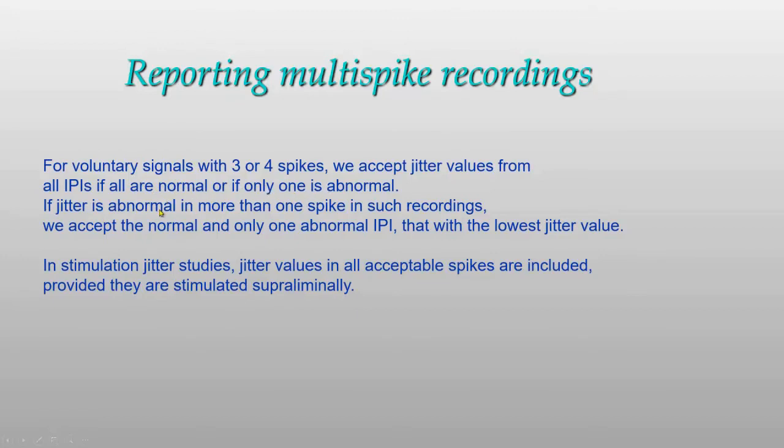If the jitter is abnormal in more than one spike in such a recording, we accept the normal recordings, but only one abnormal jitter value in each multi-spike complex, the one with the lowest jitter value. In stimulation studies, we report all jitter values from each of the spikes as long as they are stimulated supramaximally.